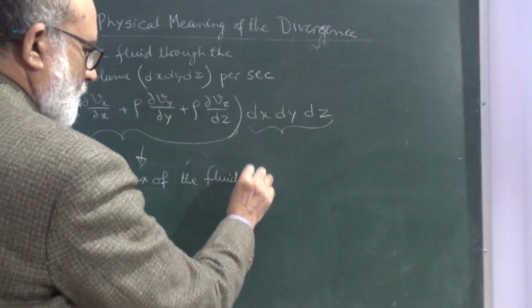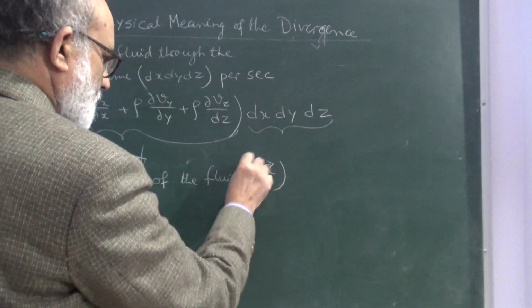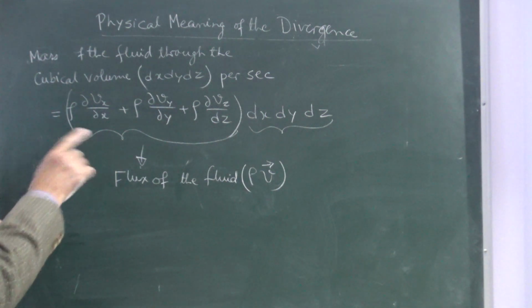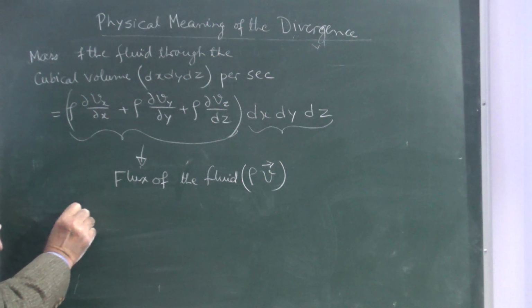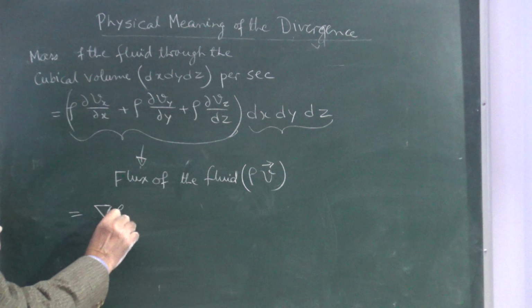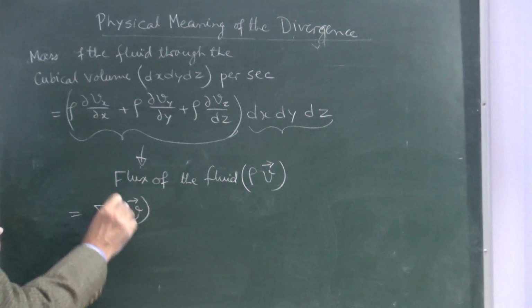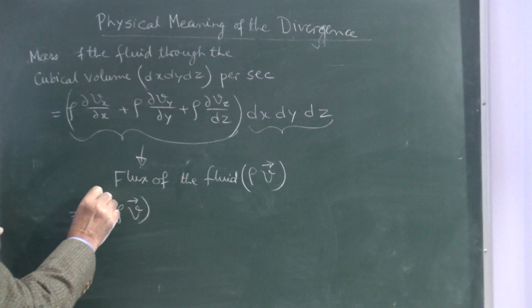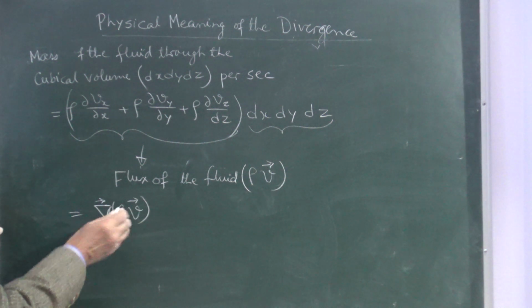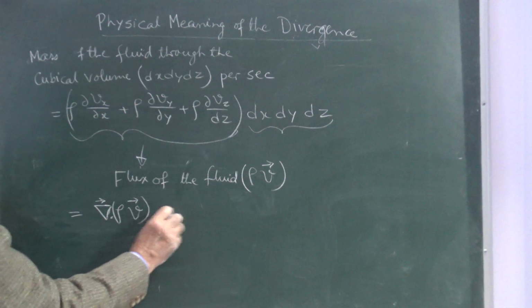So it is rho times, this is the flux. So this can be written as del dot rho v, where rho is here mass per unit volume, which is a scalar quantity, can be taken out and also written like this.